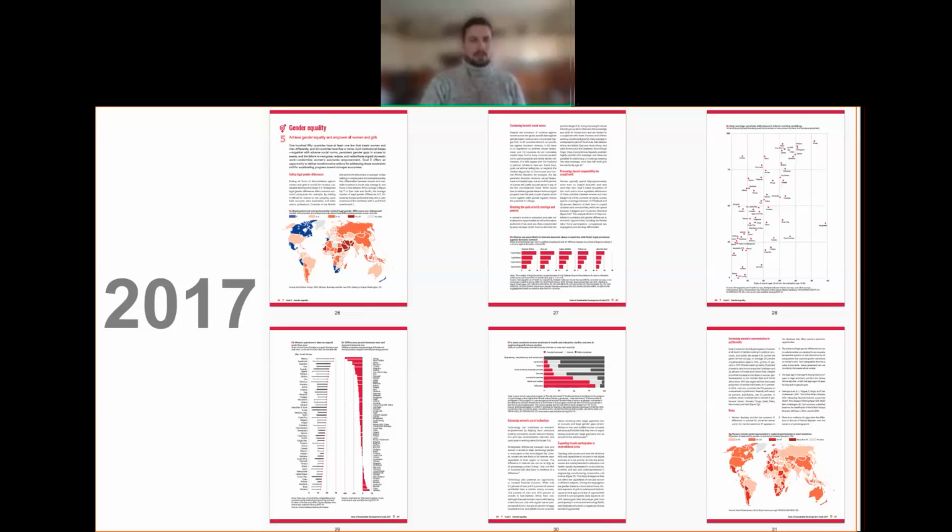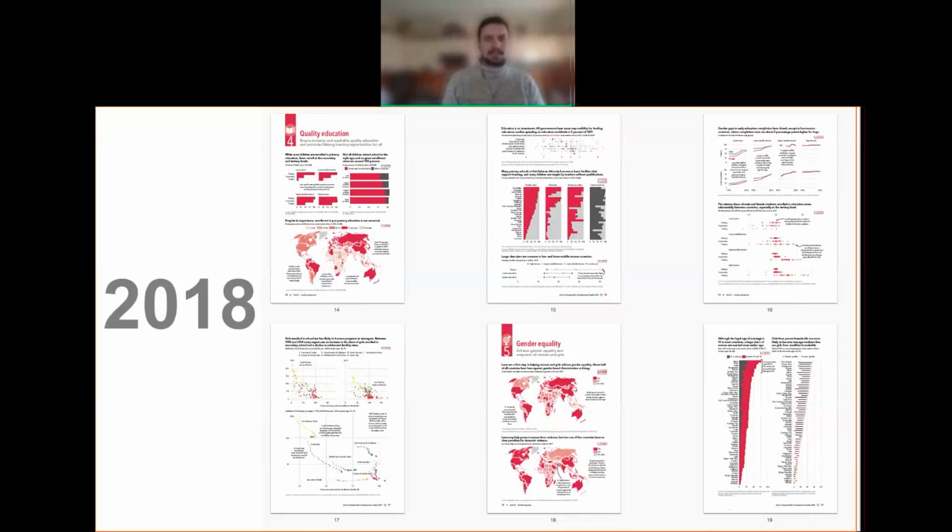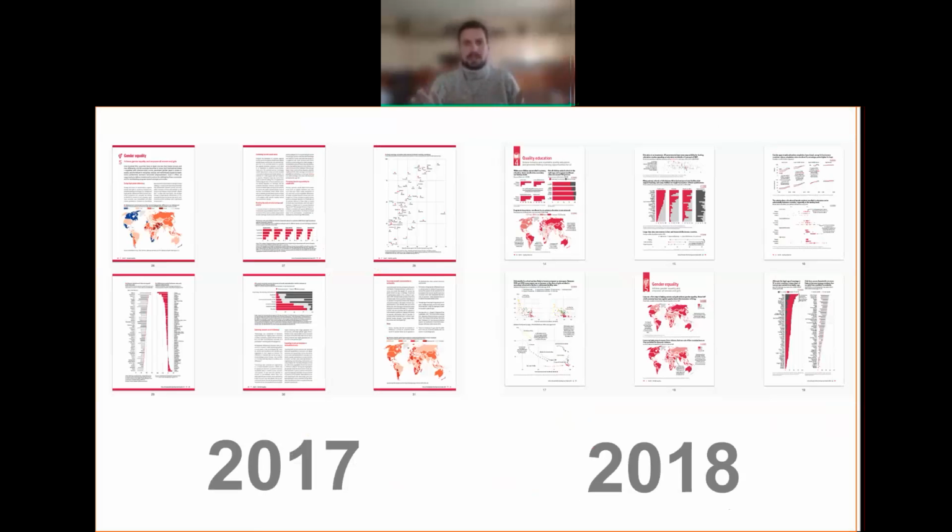report. Now, if you go to the next iteration, the 2018 Atlas, you can see that there are even more visuals in this report, right? Here the visuals occupy pretty much all the space in the report. And this is even more obvious if you put those 2 slides side by side. You can see the 2017 version on the left-hand side of the screen and the 2018 one on the right-hand side.